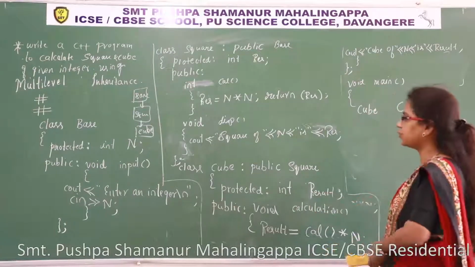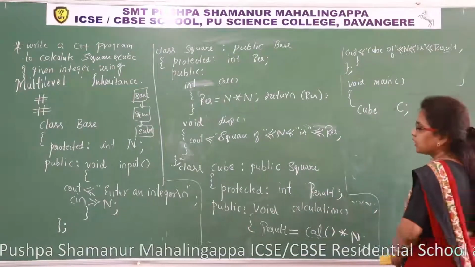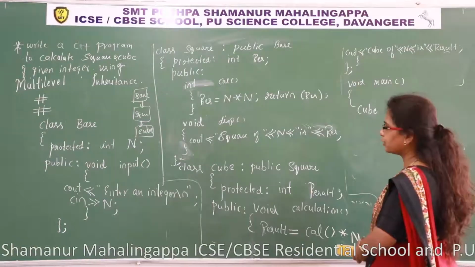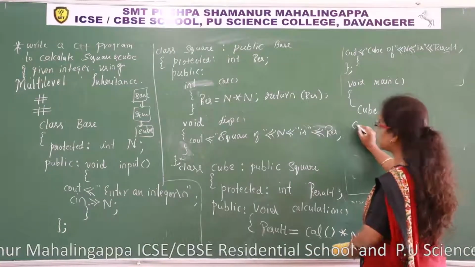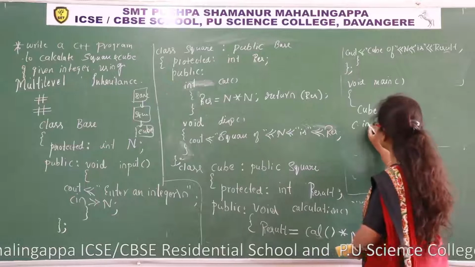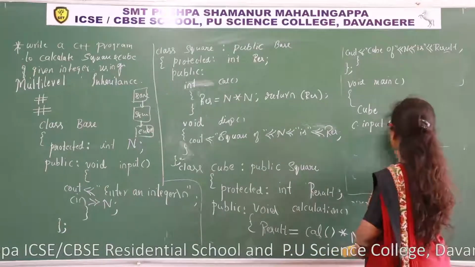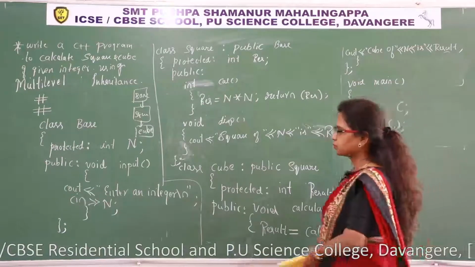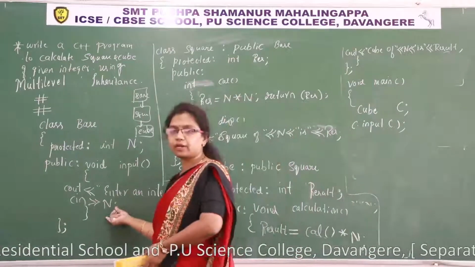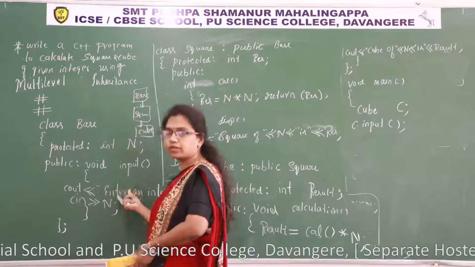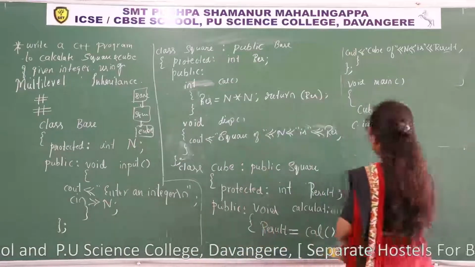These three are the data members of cube. First I have to call the input function to get a value for n, c dot input. First we have to enter the value, that's why I have to invoke this function c dot input.